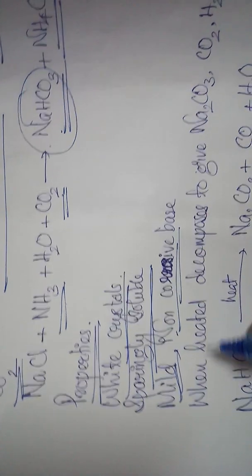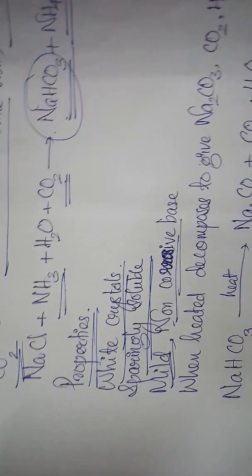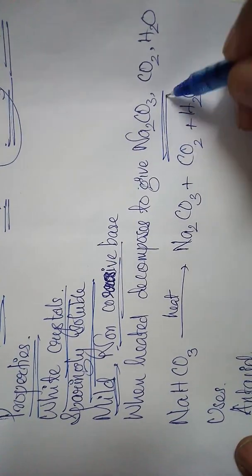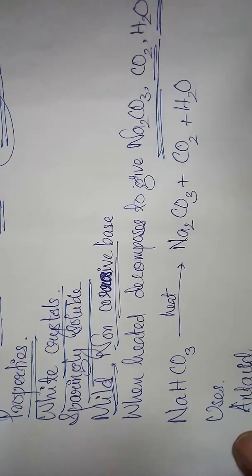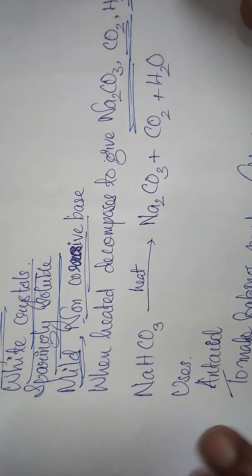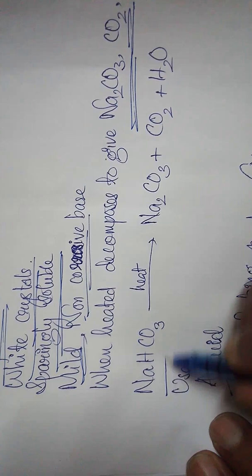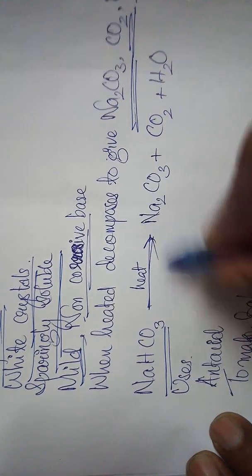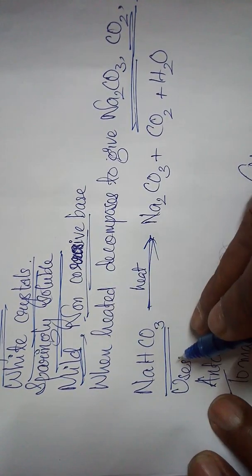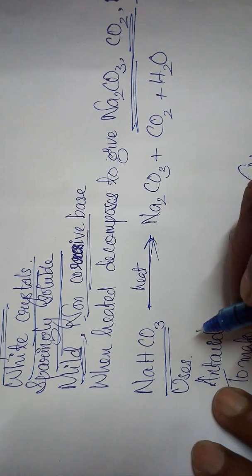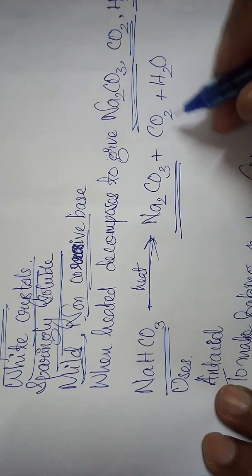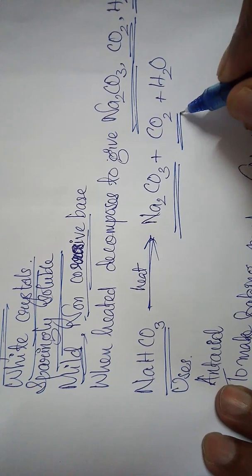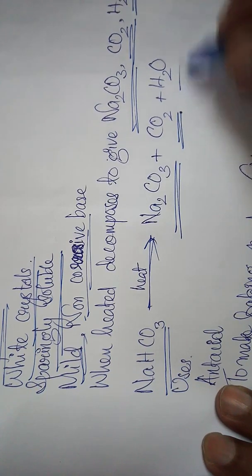Action of heat. When heated, it decomposes into sodium carbonate, carbon dioxide and water. How will we denote that equation? NaHCO3, when heated, that is sodium hydrogen carbonate or sodium bicarbonate, we can say in a common way. What will be formed? Sodium carbonate, carbon dioxide and water are formed.